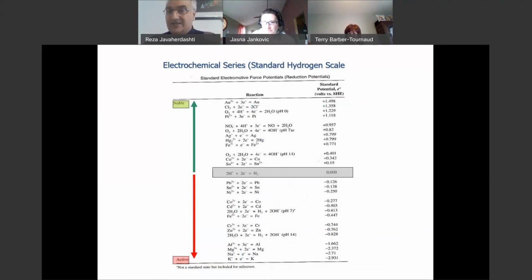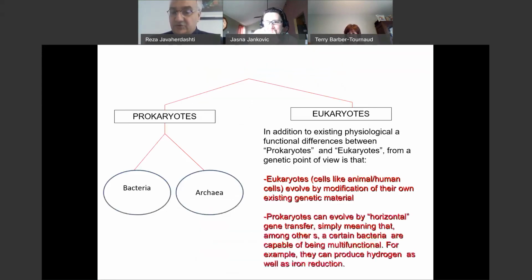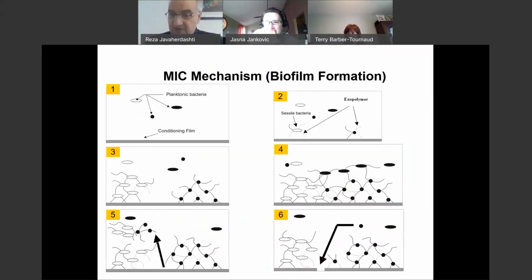And if the temperature changes, then we use electrochemical theory, such as the Nernst equation, to adjust the series. The third trick is what we call Pourbaix diagrams, which allow us to predict which material could be anodic and which one could be cathodic.